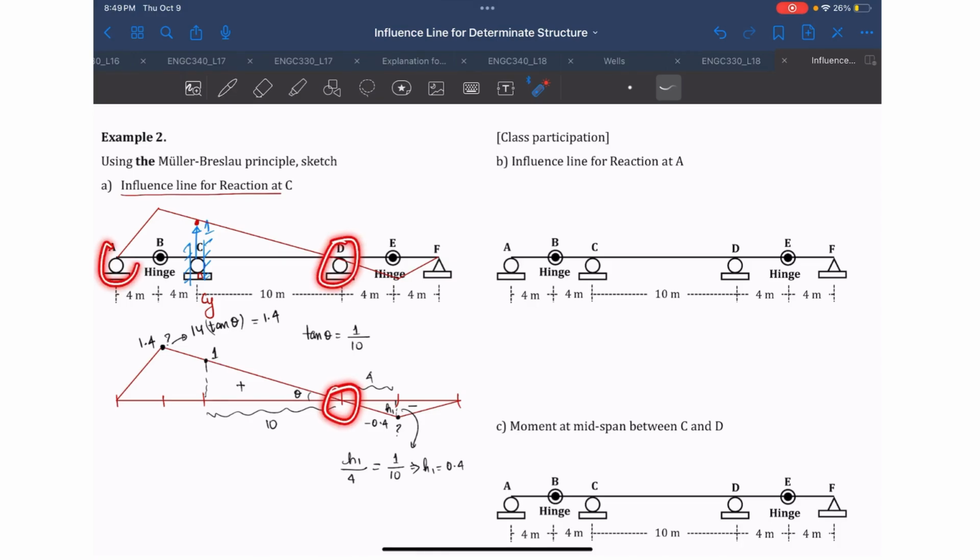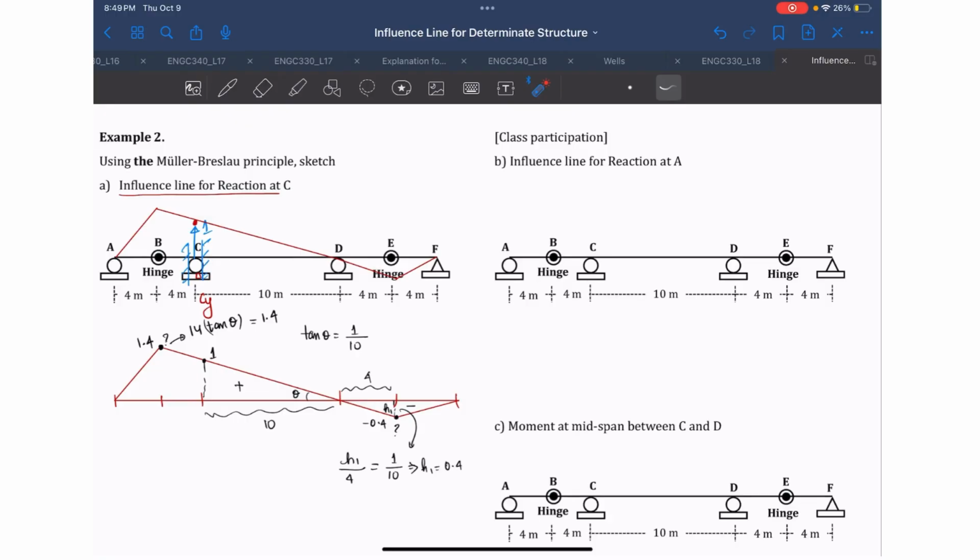Like here, you don't have to move the support, otherwise it would be a violation of the criteria. And because this is an internal hinge, they can move up or down and they can rotate, and also all the deflection is straight line. So that's how you draw the vertical reaction at C.